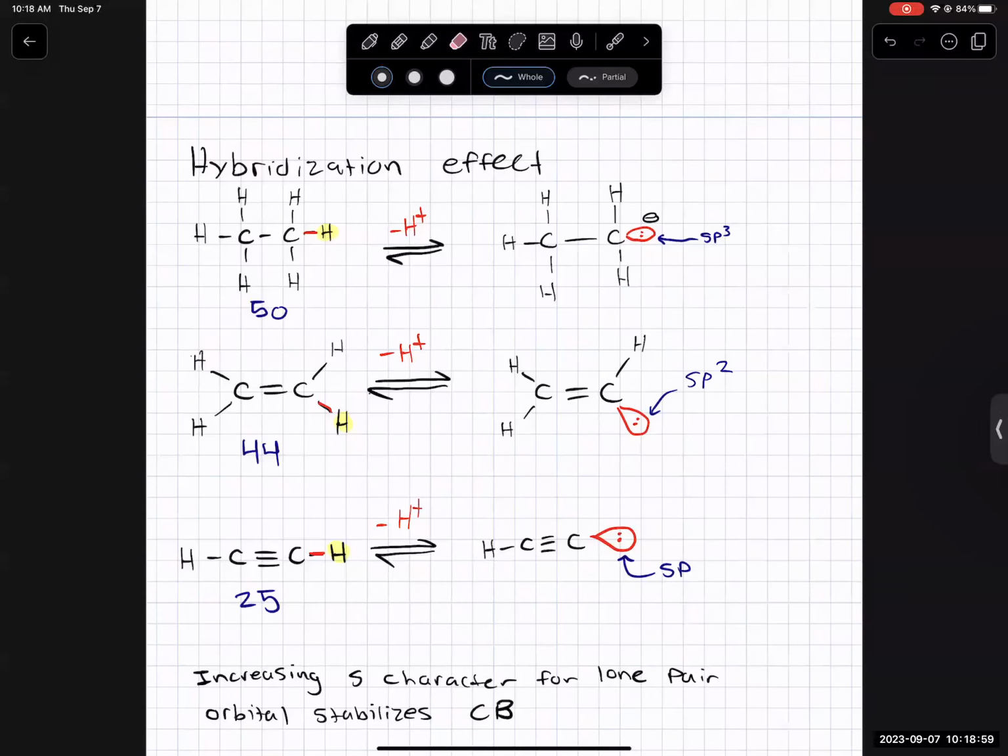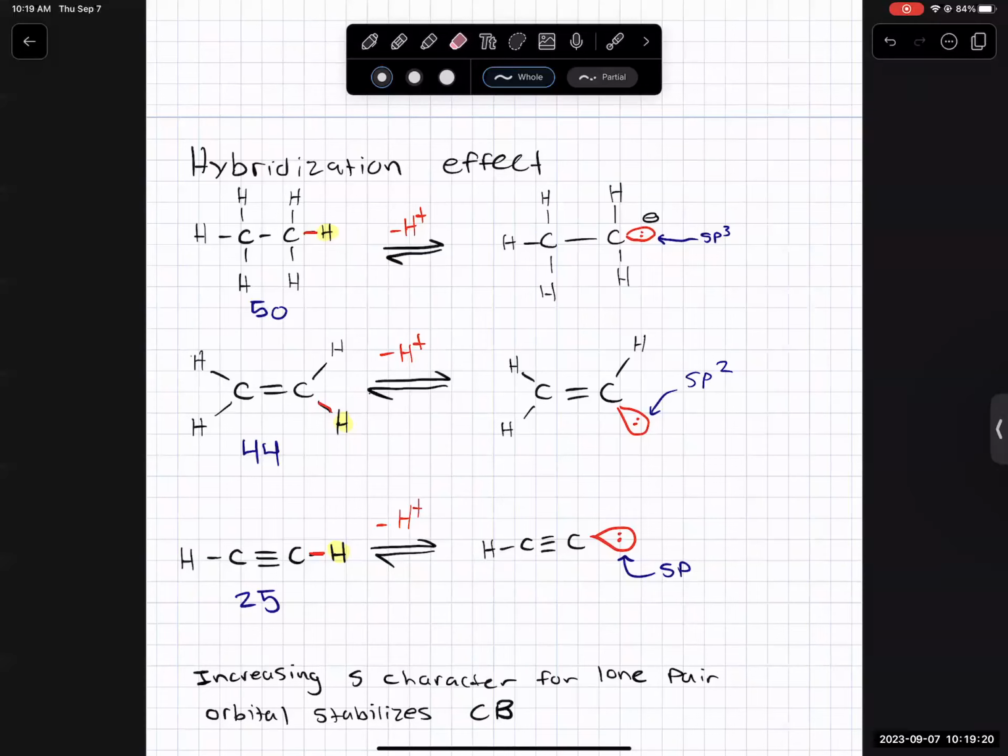And then all SP3 is a strong conjugate base? It's the strongest conjugate base, yes, because it has the least amount of S character, which means those electrons are really far out from the nucleus. They're not stable, which means it's a strong base, right? Stable means weak, unstable means strong.